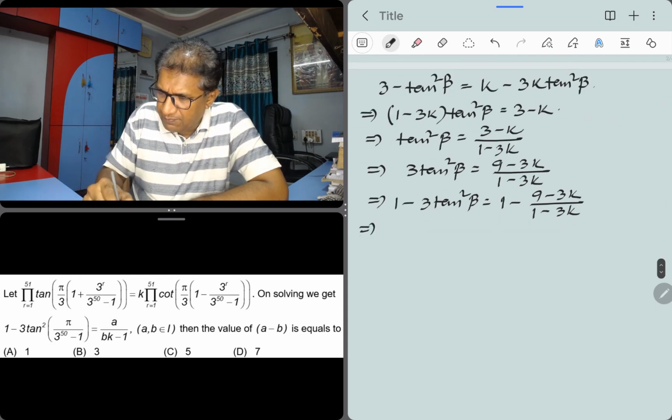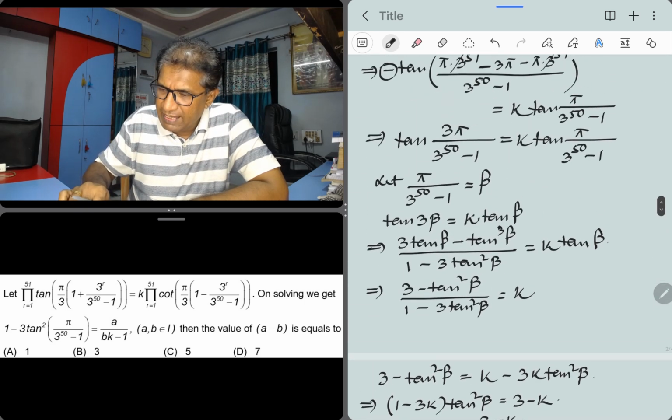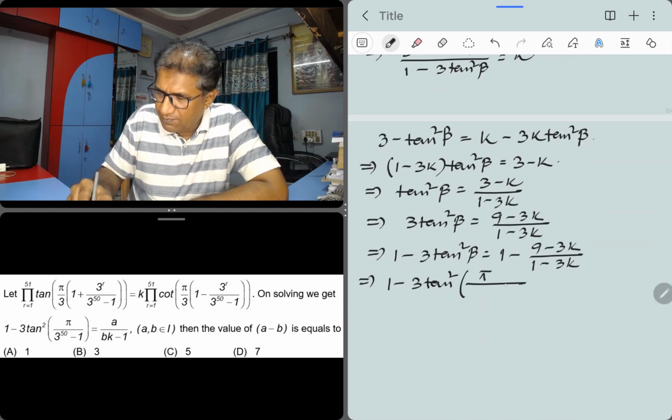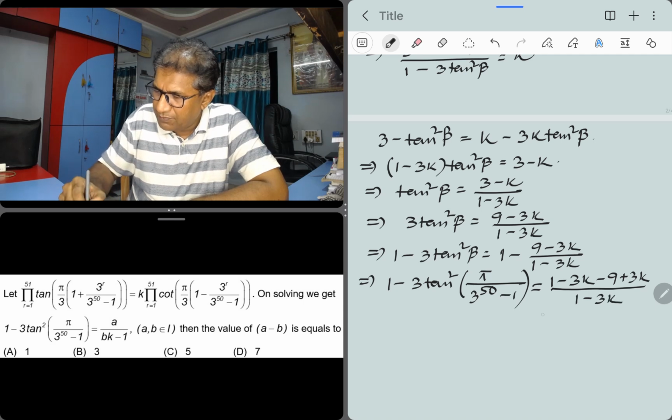So we are having 1 minus 3 tan square. What is beta? Let me replace beta. Beta is pi over 3 to the power 50 minus 1, which is equal to 1 minus 3k minus 9 plus 3k divided by 1 minus 3k.